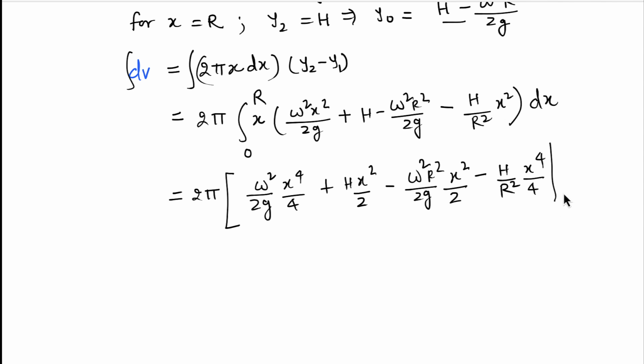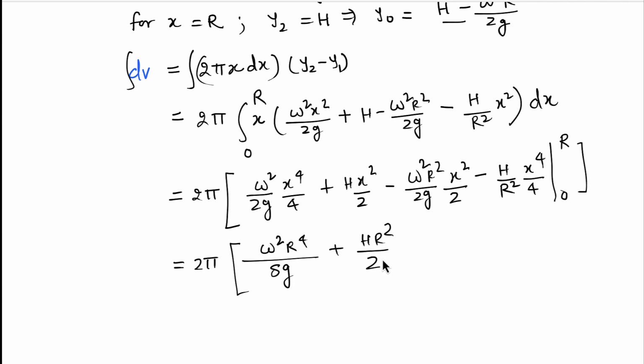Okay, and 0 to r. So let's just put the r in place of x. So this will become omega square r to the power 4 by 8g plus h r square by 2 minus omega square r to the power 4 by 4g, and minus h r square by 4.